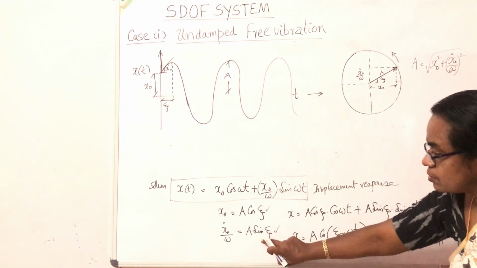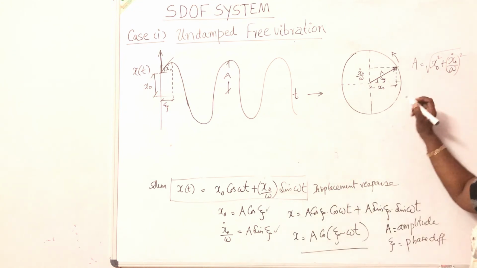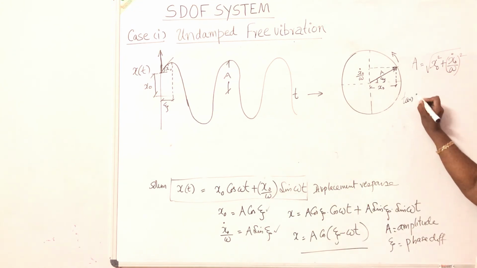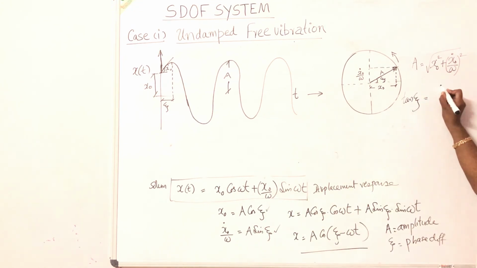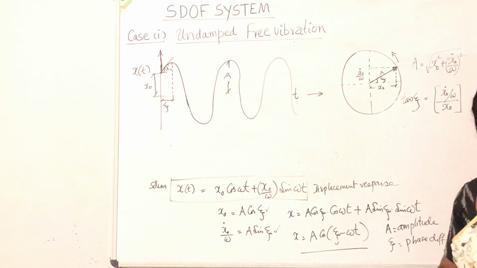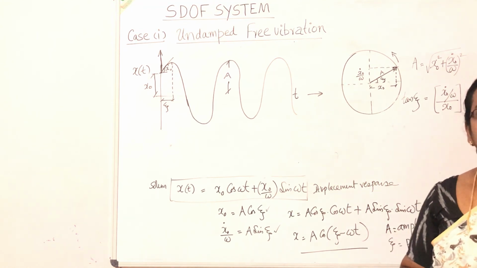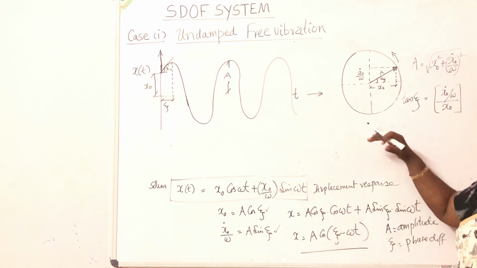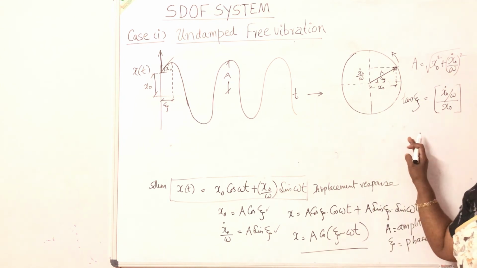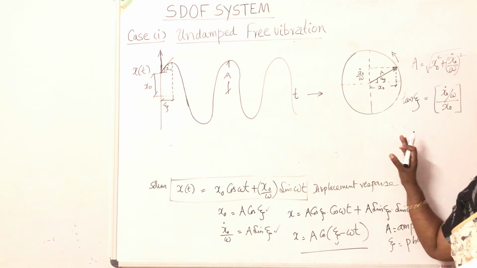From these two, this divided by this, tan psi is equal to x0 dot by omega divided by x0. So from the initial displacement and initial velocity, we can calculate the amplitude of motion as well as the phase lag.